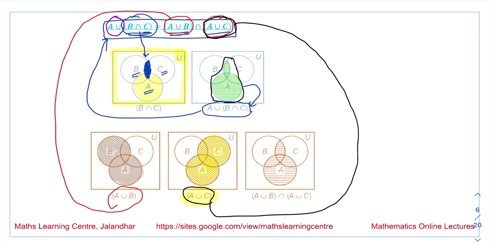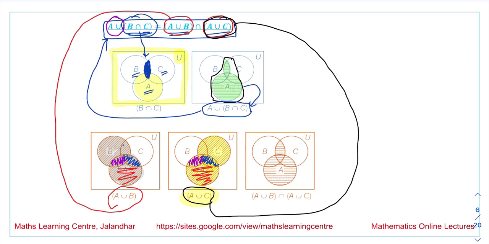And if we take the intersection of these two, look at this portion over here. This portion of B is common in both these, and this portion of A is common in both these regions.